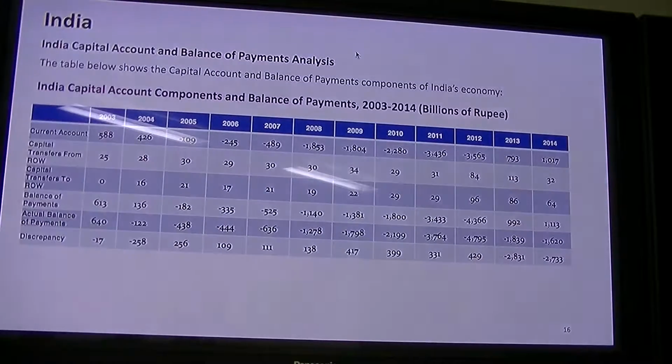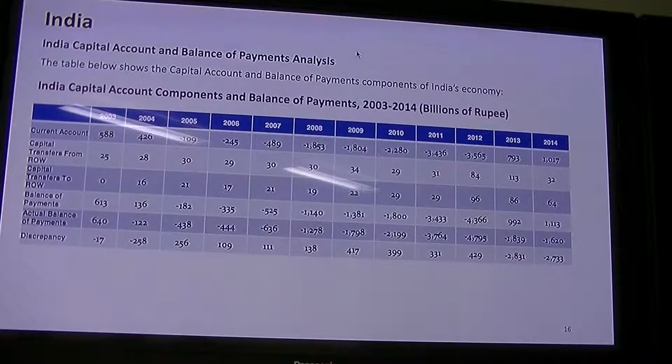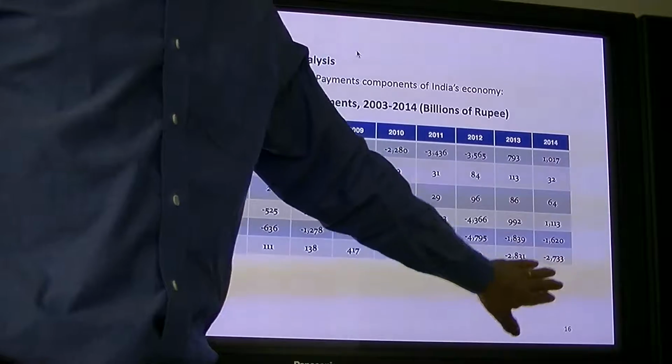Let's see, 2.8 trillion. What is that? That's 60 to the dollar, so about $50 billion. That's a pretty good difference. So I have no explanation.